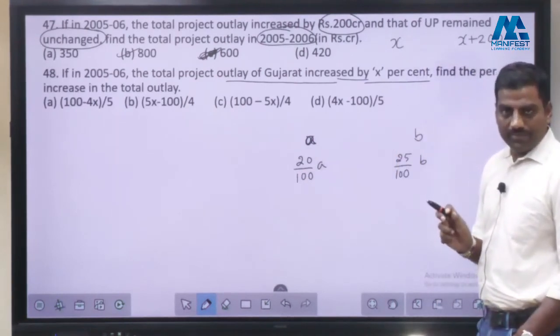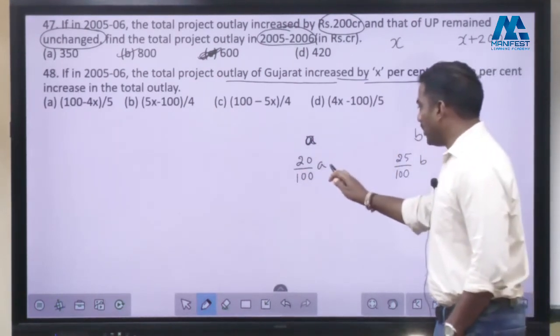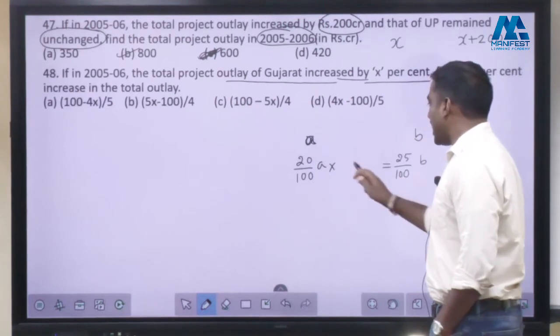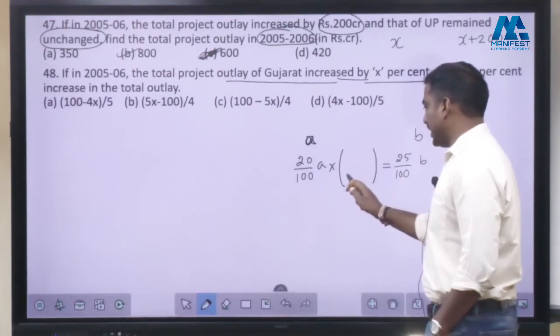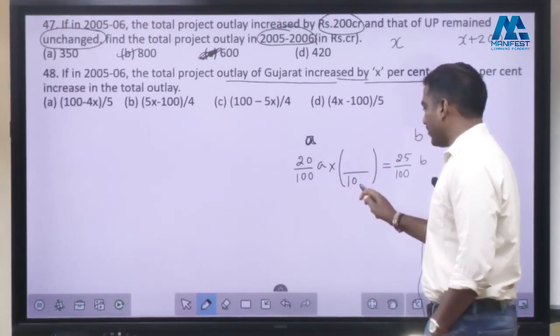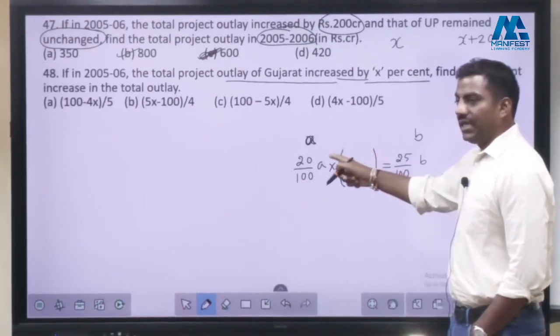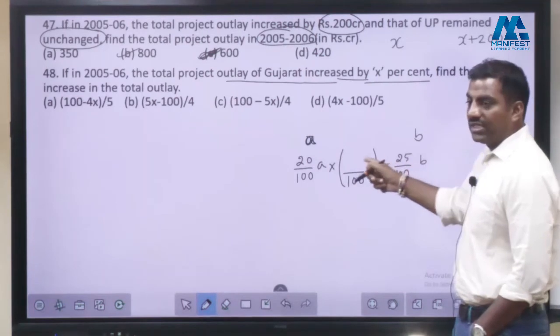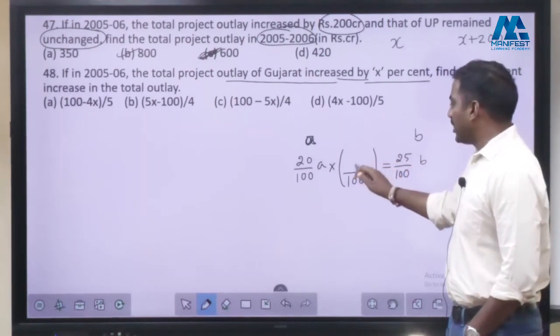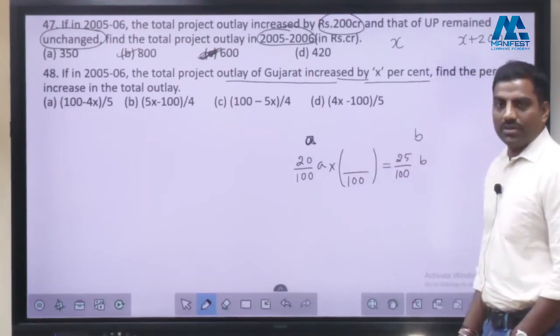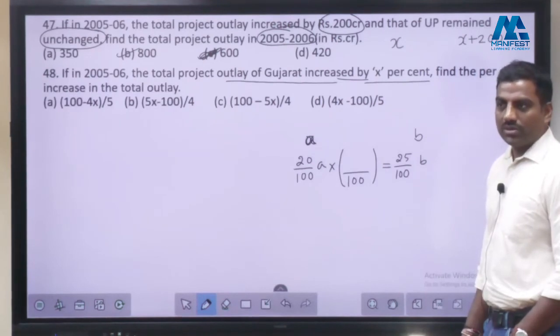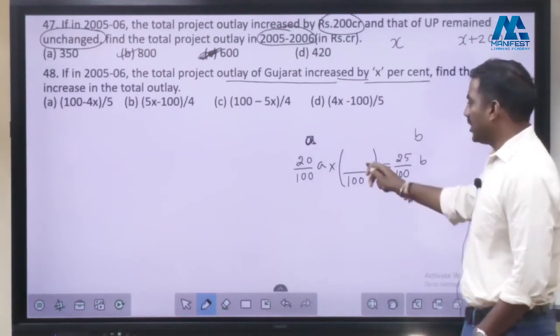If you want to multiply anything to get the percentage, you will divide by 100 first. For example, if this was 10% increase, I would have written 110, right? Yes or no? Yes.